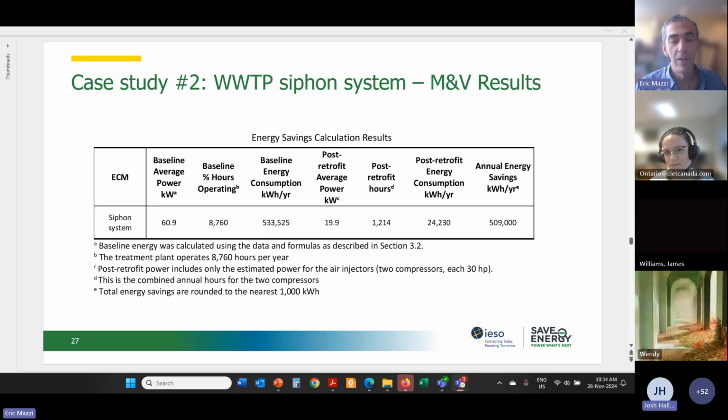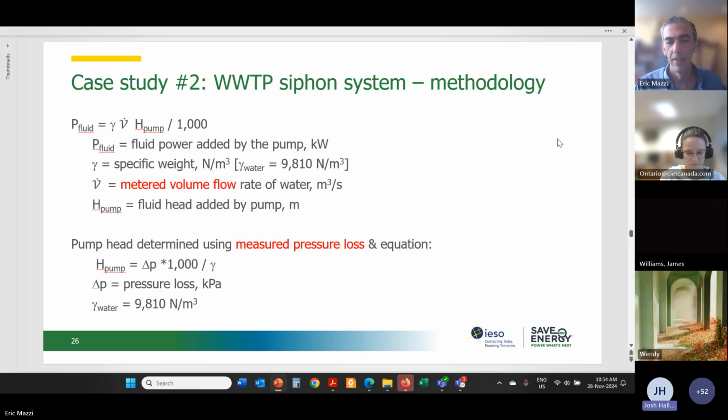But for the reporting period baseline, you actually used parameters from the post-retrofit case, like pressure and flow rates. Yes. So you were effectively adjusting your baseline model, or calibrating it? Well, think of it: the same fluid power was being delivered by the siphon gravity system as would have been delivered by pumps.